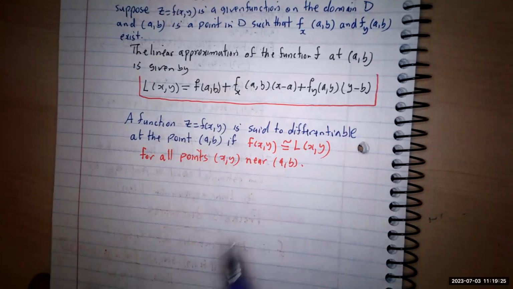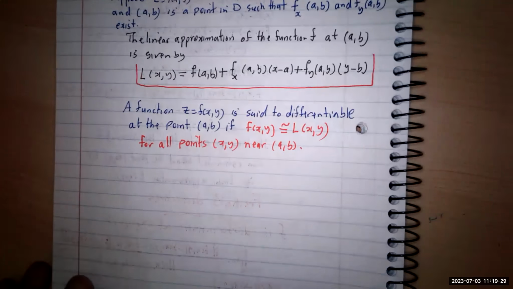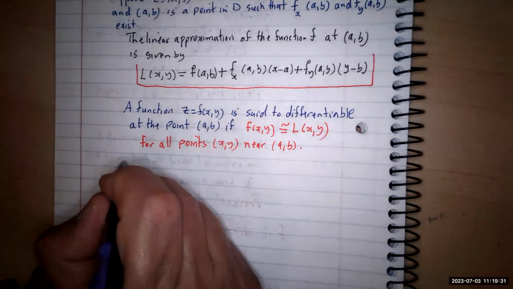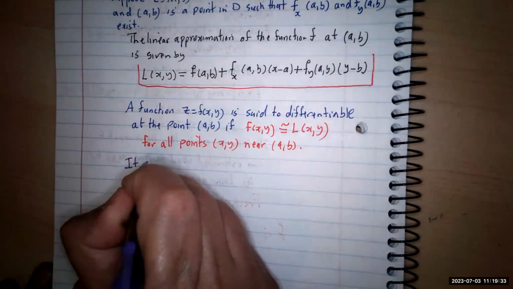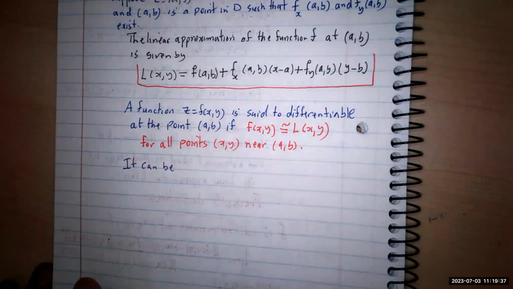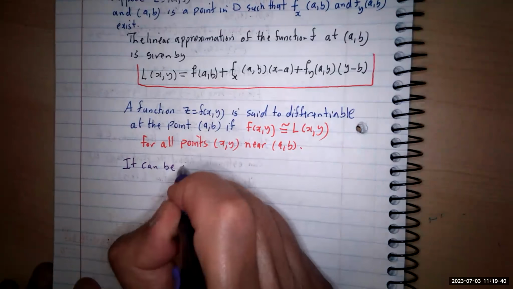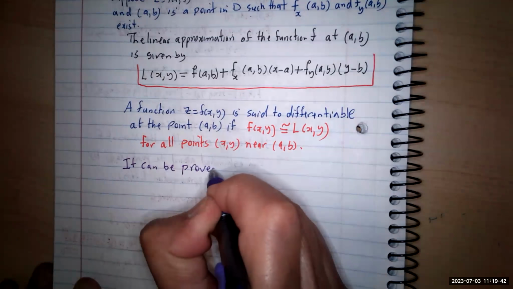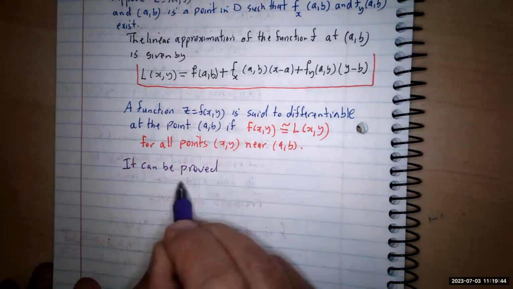Of course, this is not going to be easy sometimes, but we have a theorem that we are not going to prove, but we're going to use it. It can be proved, if you are going to be a math major, you can prove it. You need the mean value theorem.